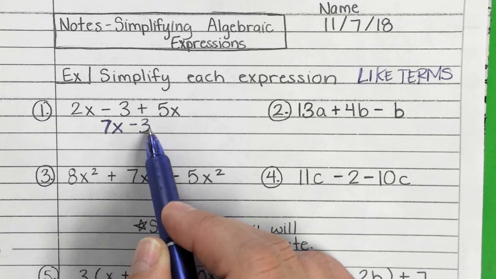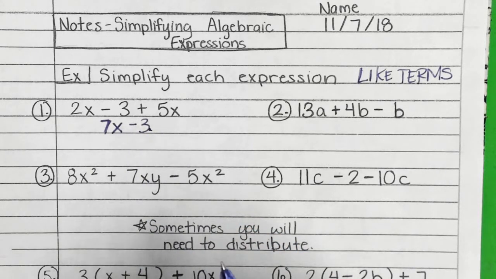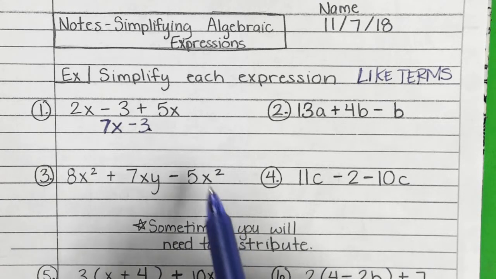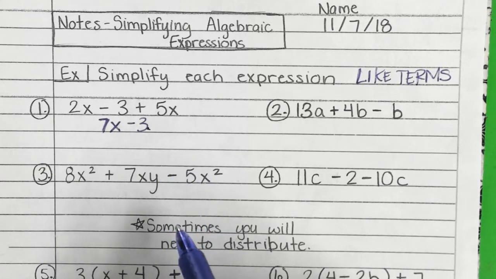Starts with a C. Constant. Absolutely. So this 3 is our constant because we don't have a variable with it. It's not going to change, but it can't be combined with anything that has a variable. It can only be combined with other whole numbers.